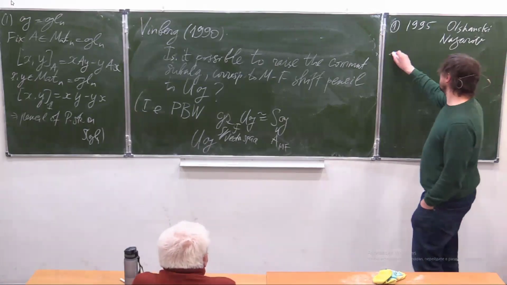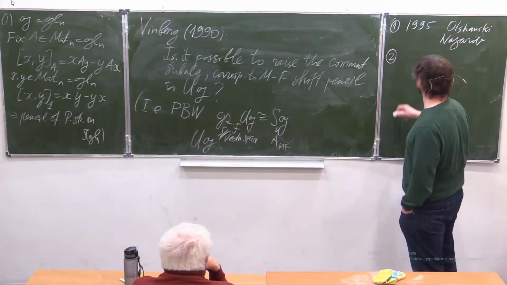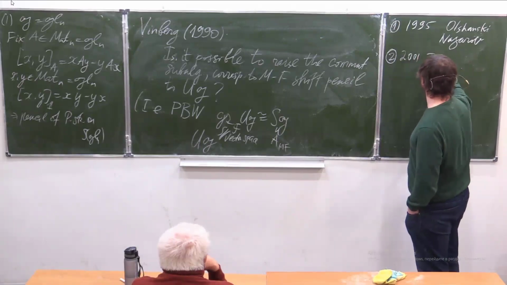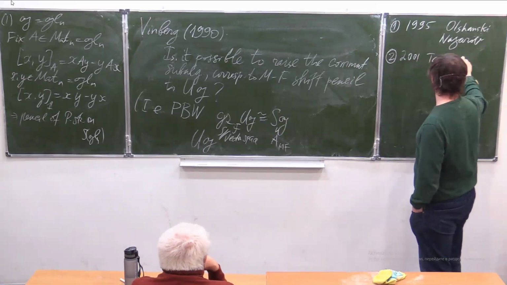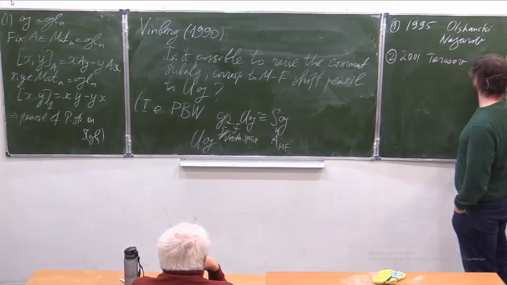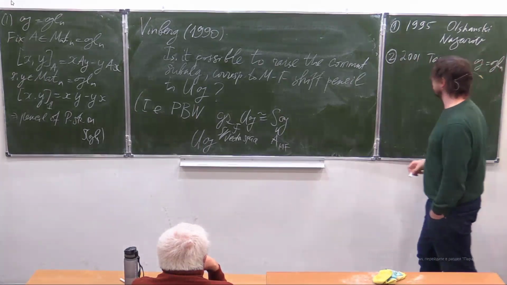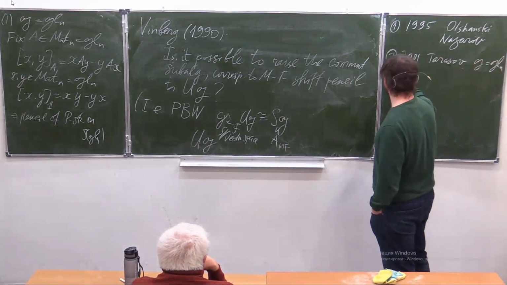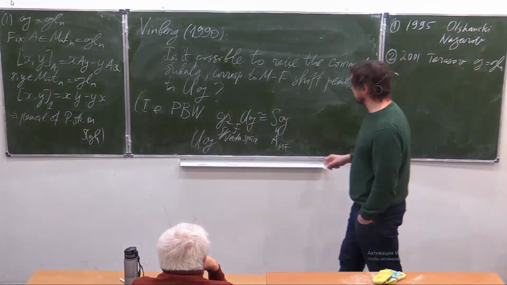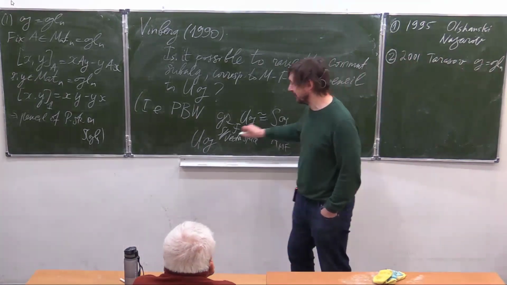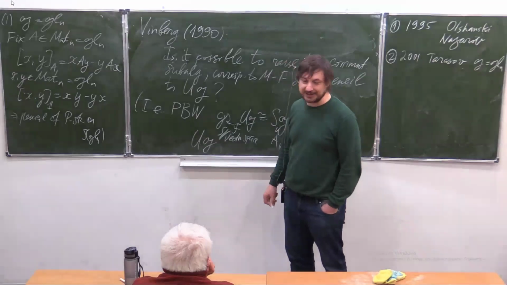Number two, there was a construction in 2001 by Tarasov, who dealt with the GLN case, and he showed, in fact, that the simplest symmetrization method which you can use to raise elements from here to here works for the GLN case.